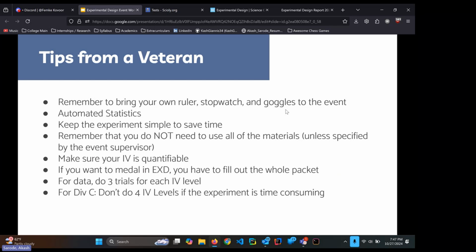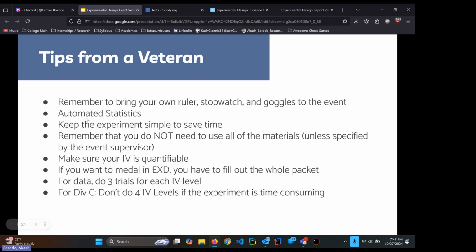Some of the time, they're nice and they can give you a ruler or stopwatch if you don't have it, but you definitely want to make sure that you have those materials on hand before going to the tournament. And goggles, if you don't wear goggles, then they won't allow you to compete a lot of the time if the experiment is a chemistry experiment or something that you need lab safety for.